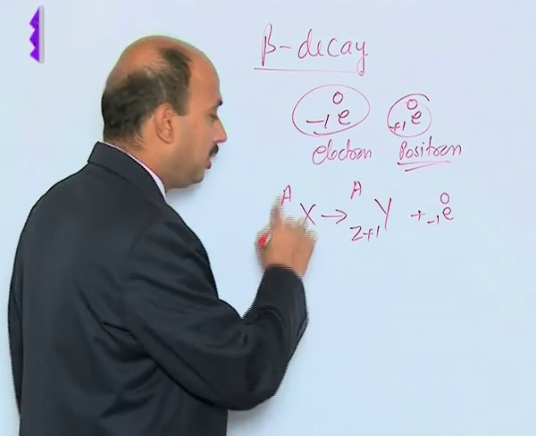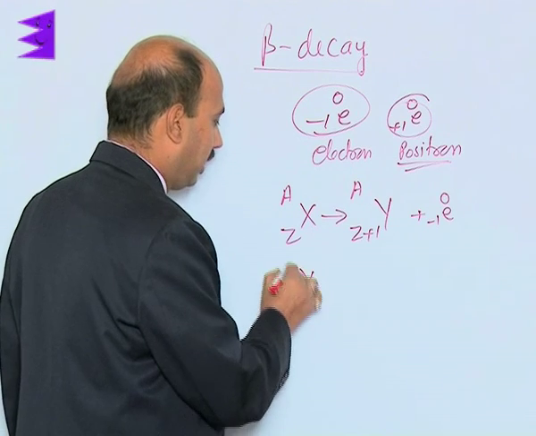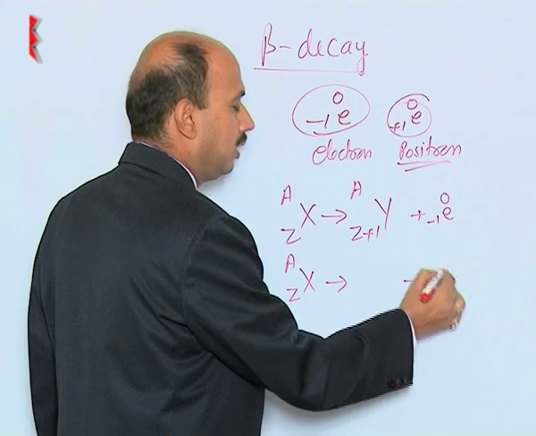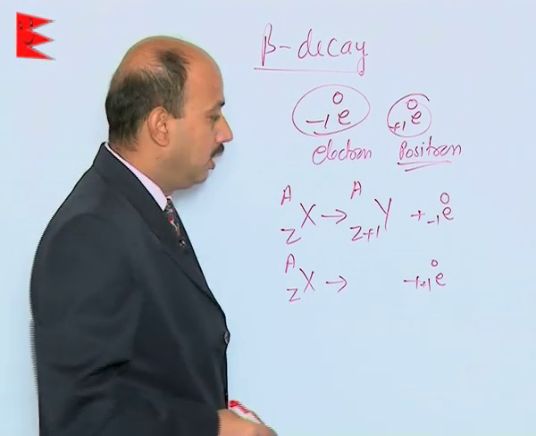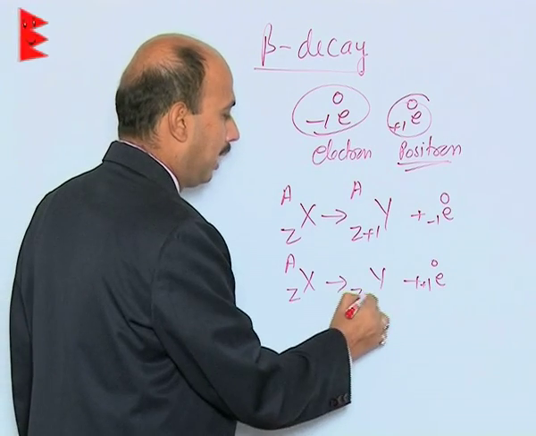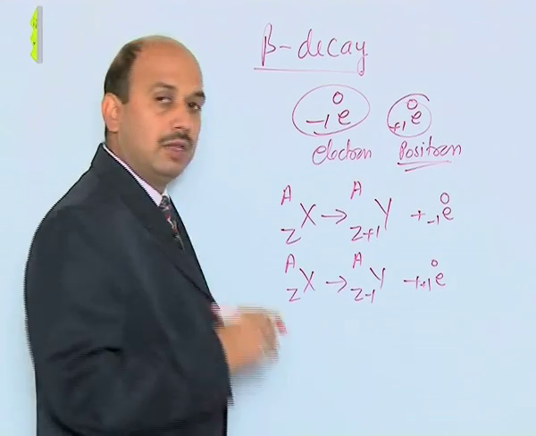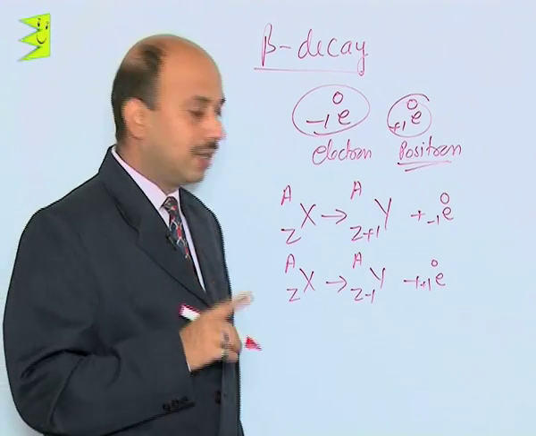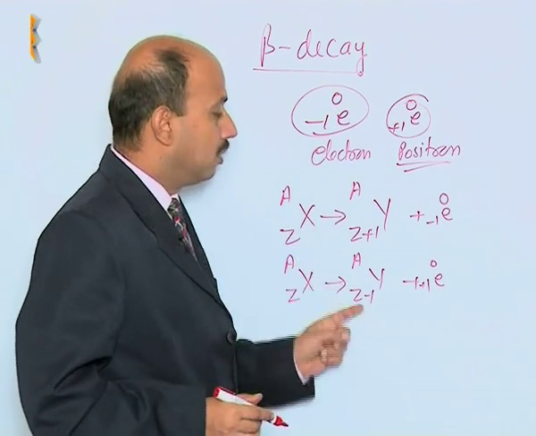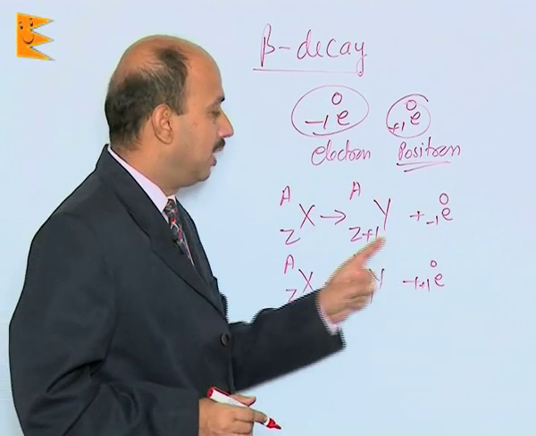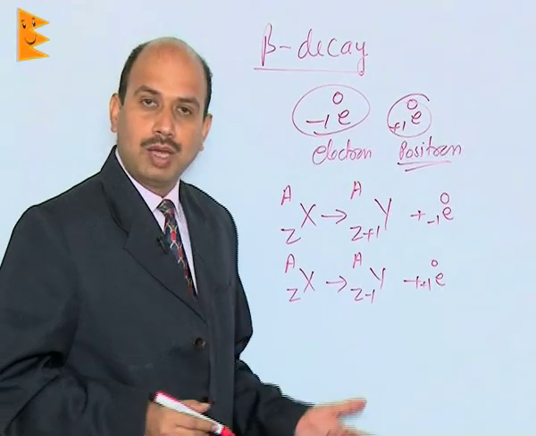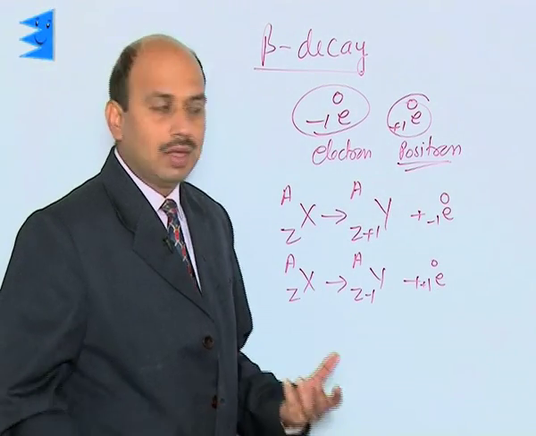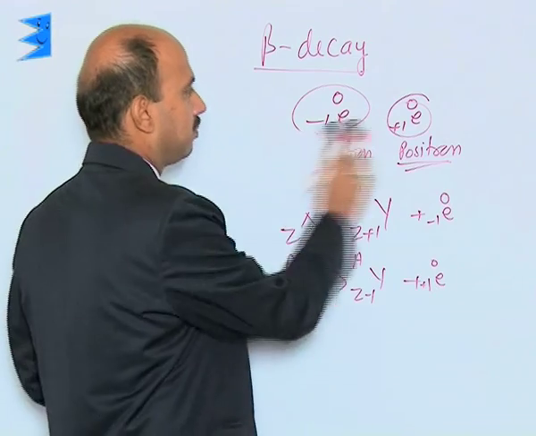But if you are taking emission of the positive beta particle, that is ZA, then you can take +1 e raised to power 0, and then you can take Y with Z minus 1 and A. In both cases, the negative beta decay or the positive beta decay, the mass number remains the same, but in the negative case the atomic number increases by 1 and in the positive case the atomic number decreases by 1.